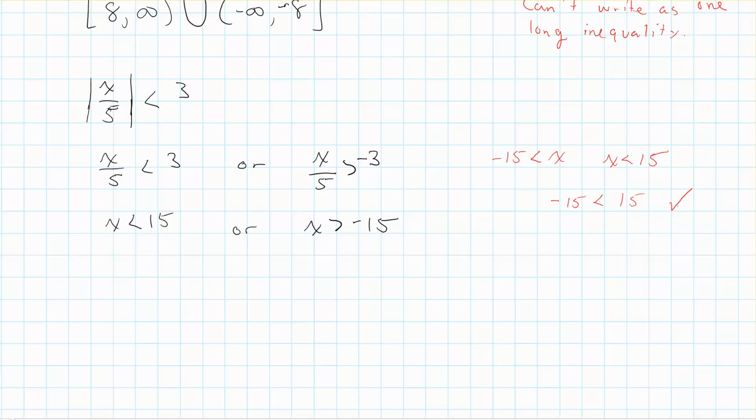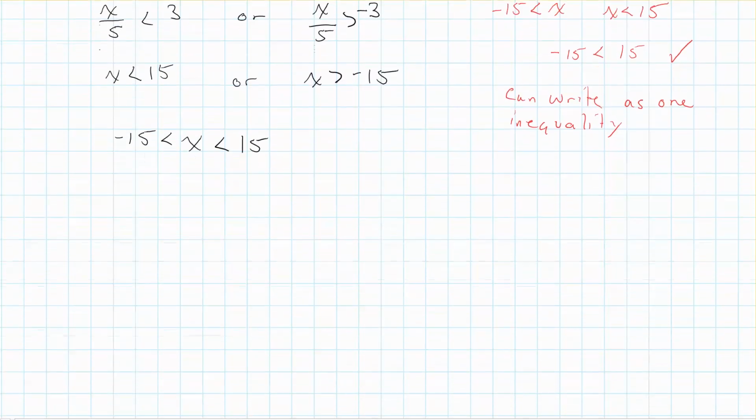But that is absolutely true, so we can write this as one inequality: negative 15 less than x less than 15. So that would be the inequality notation.